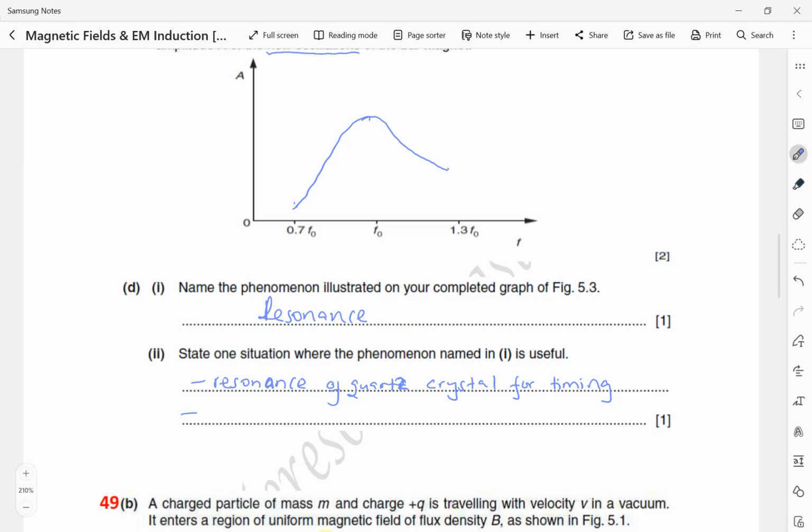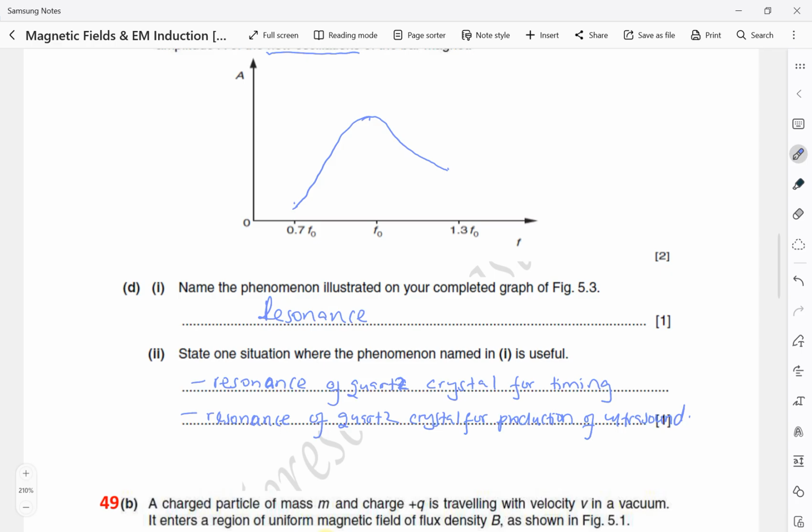Then resonance of quartz crystal is also used for production of ultrasound.